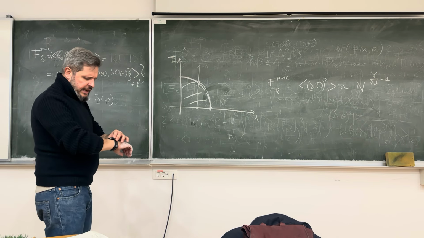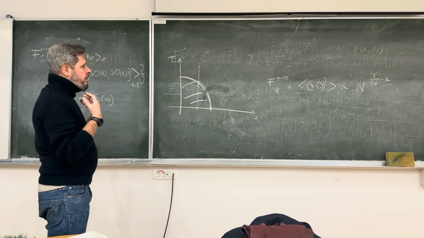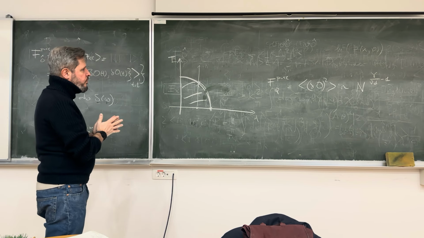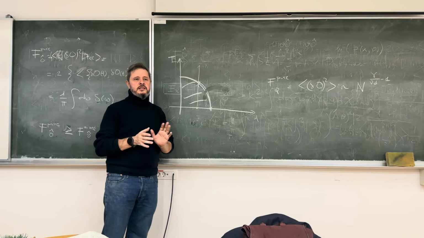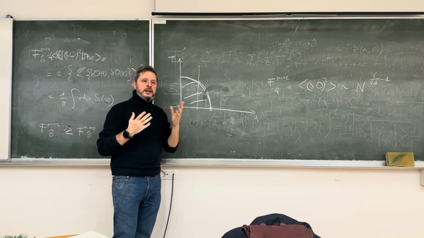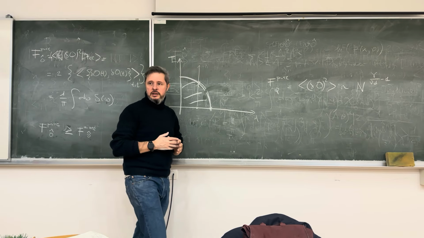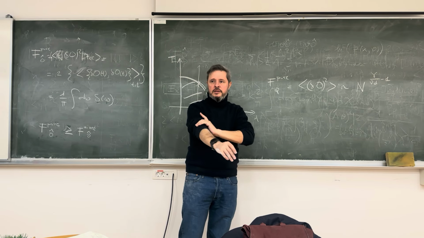So all of this is to say that it makes perfect sense to think of this quantity. Okay, well, let's be honest, it's not easy to measure, or to think of measuring, the quantum Fisher information.